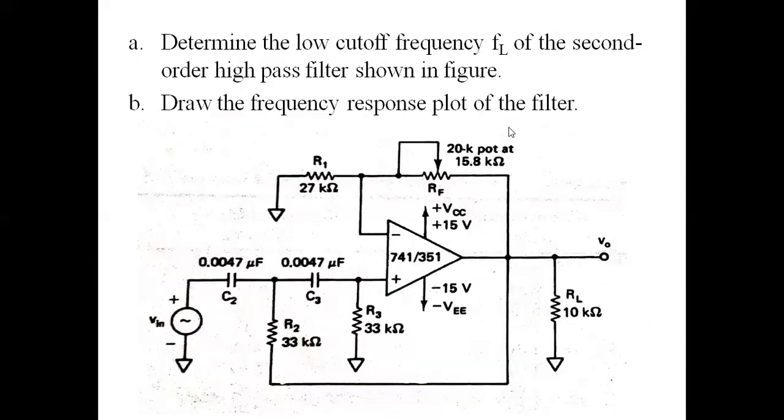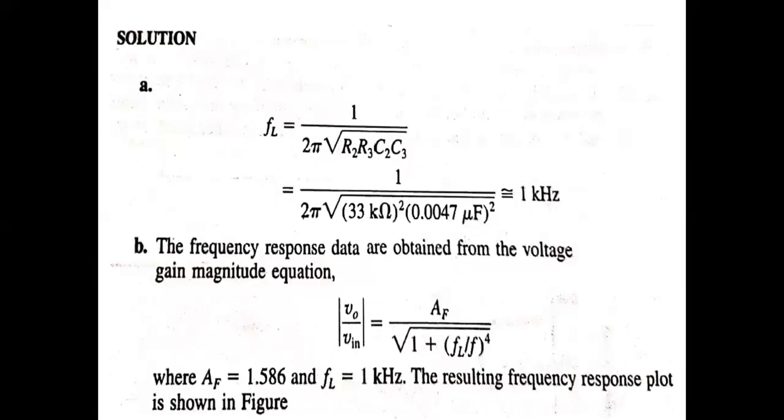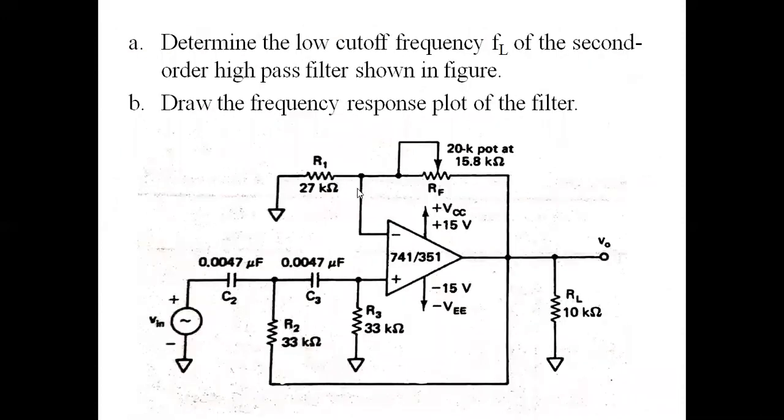Okay, and we know the equation for the second order high pass filter, that is FL is equal to 1 over 2 pi square root of R2 into R3, C2 into C3, with R2 equal to R3 and C2 equal to C3. In this figure, the values of R2, R3, C2 and C3 are given.